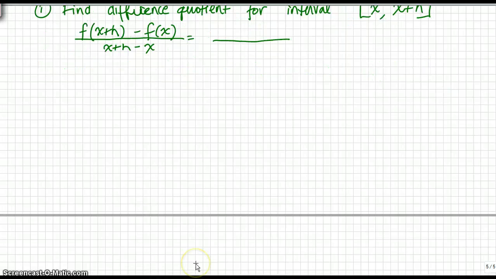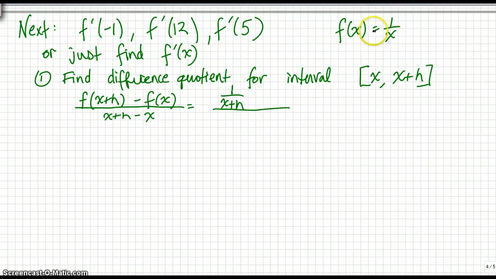And I'm going to do all of the same calculations now that I did before. So here we'll plug in x plus h for the x value, and we'll end up with 1 over x plus h. Remember that our function here remains 1 over x, so then when I subtract f of x, here I'll have 1 over x. And x plus h minus x ends up becoming just h, because those x's cancel out.